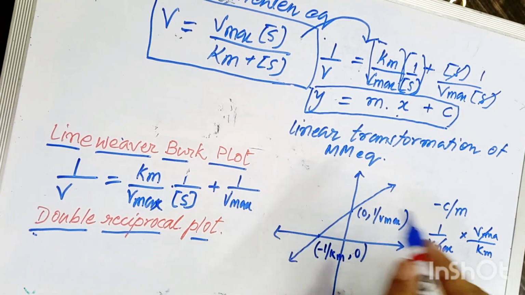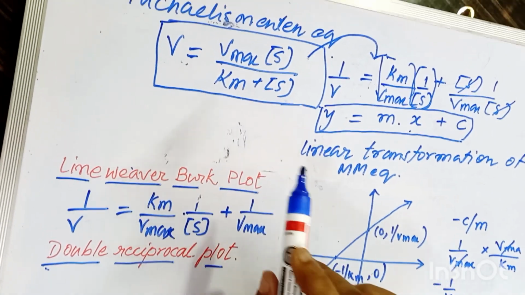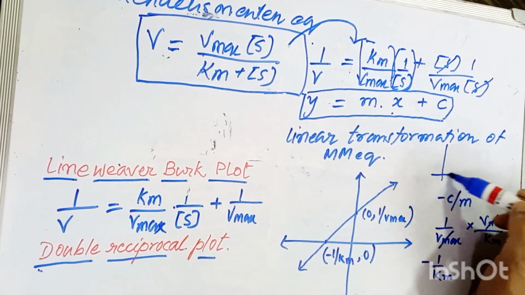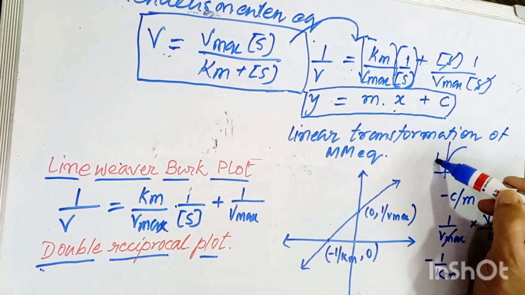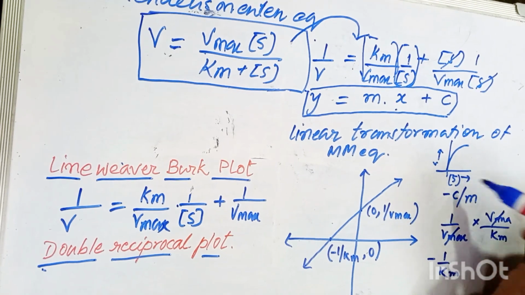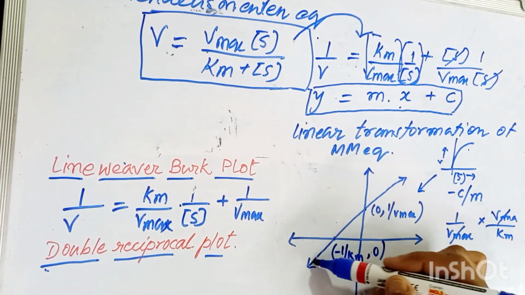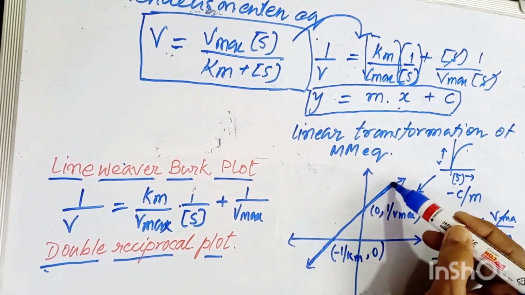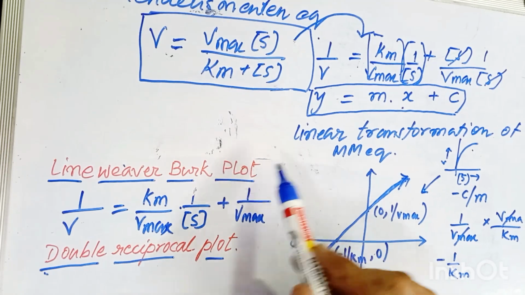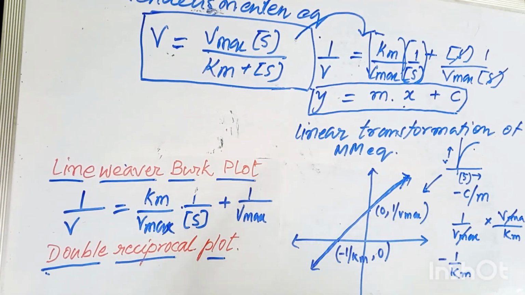So here we have transformed the Michaelis Menten equation from a hyperbolic form. The hyperbolic form was this, with velocity here and substrate concentration here. This hyperbolic form is transformed to a linear straight line form by the double reciprocation mechanism, the Lineweaver-Burk double reciprocal plot.